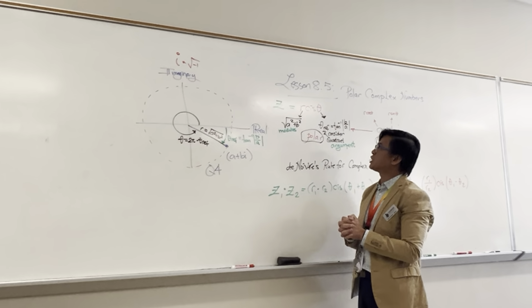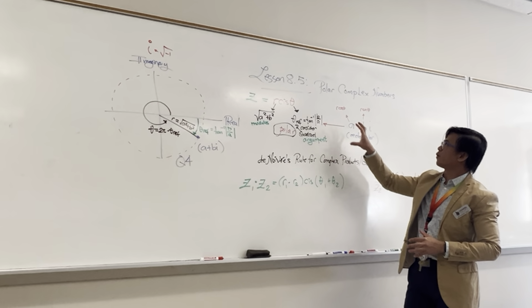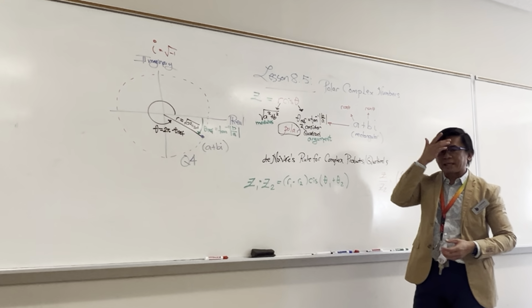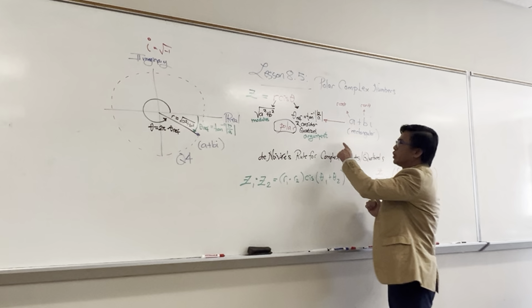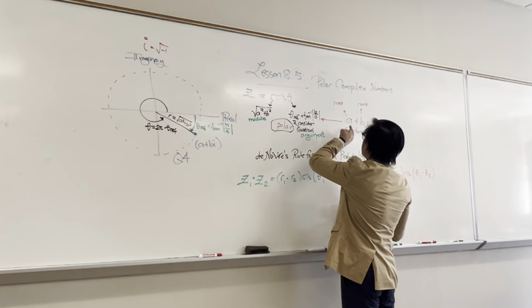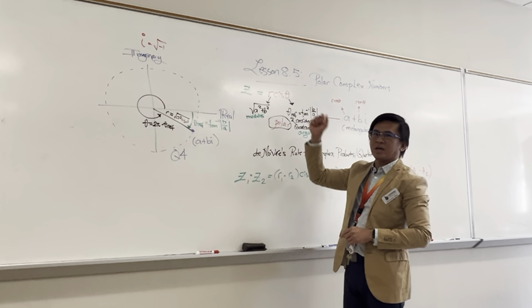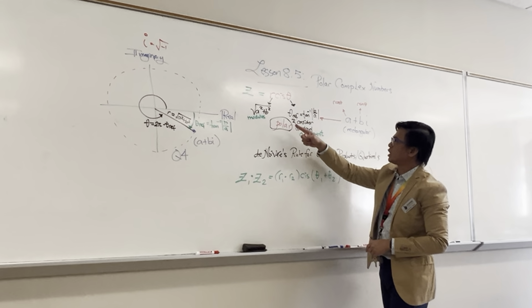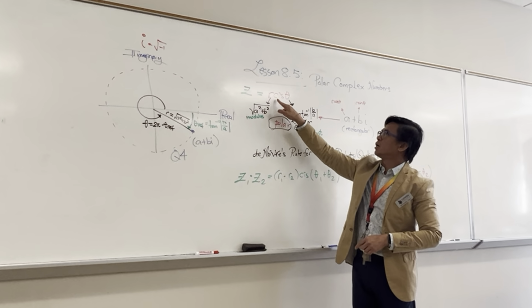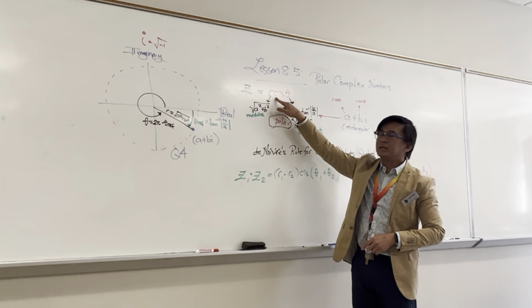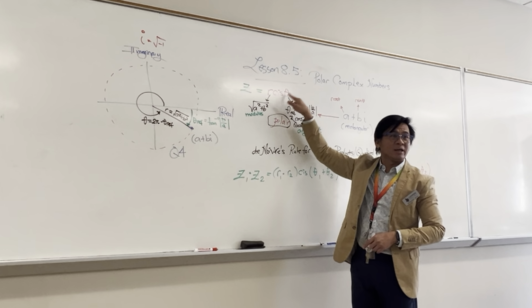However, since we already know how to convert from polar to rectangular and vice versa, this a plus bi can now be written as r cis theta. And what is r cis theta? That basically means r cosine theta plus i sine theta, right?